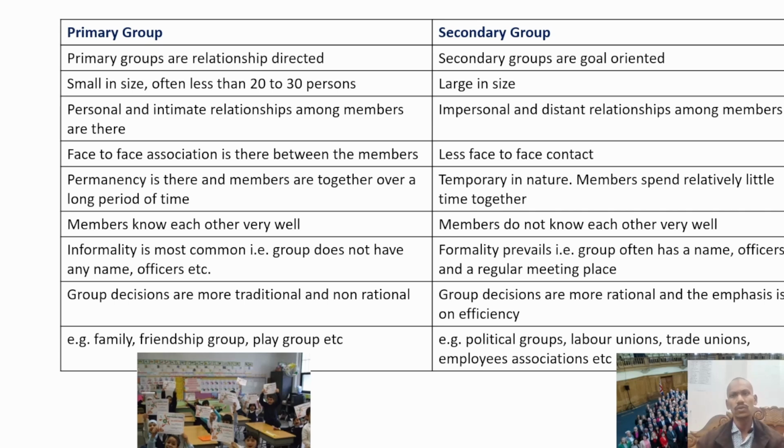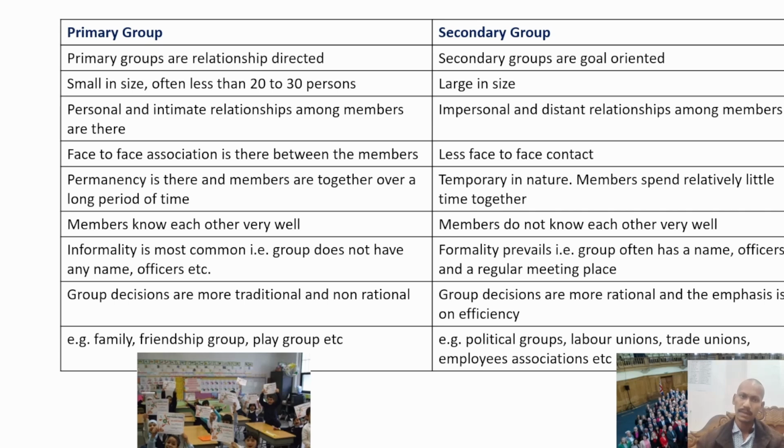You can see that they spend relatively little time together as compared to primary group. Once the goal is achieved, they will go to a different group. So this kind of thing happens in secondary group. In primary group, members know each other very well, as they have intimacy and personal connection. In secondary group, they do not know each other very well.